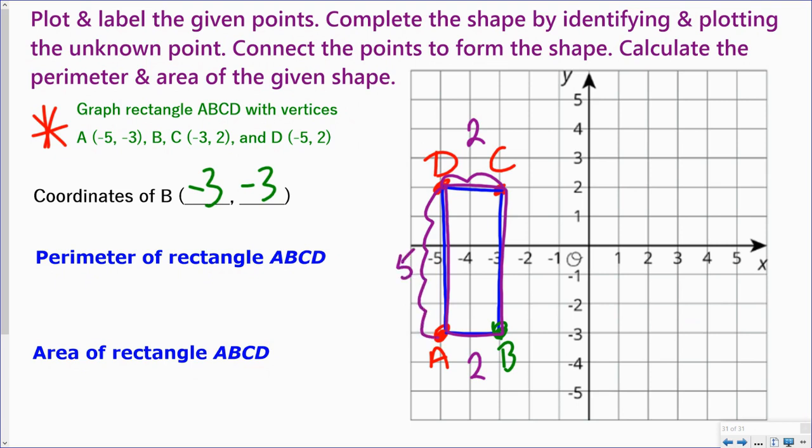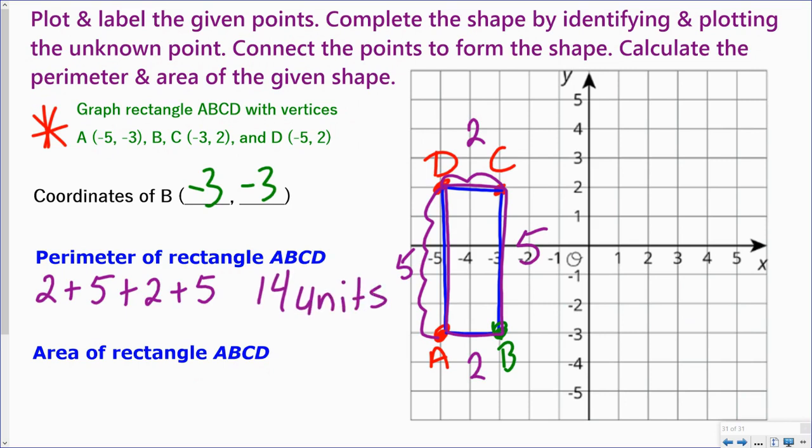So if this side is 5, that means this side is 5. And so if I take 2 plus 5 plus 2 plus 5, that gives me a total of 14 units. So my perimeter is 14 units.